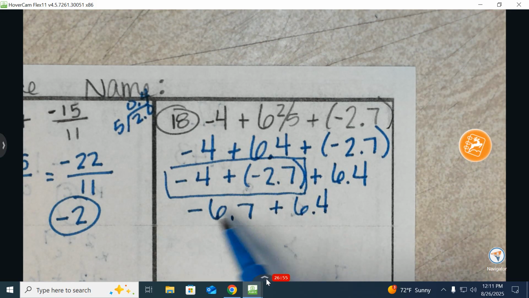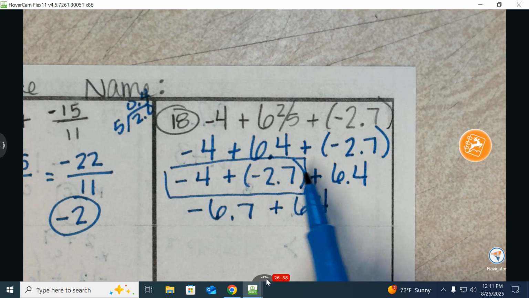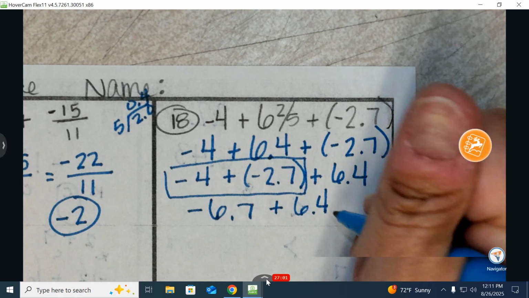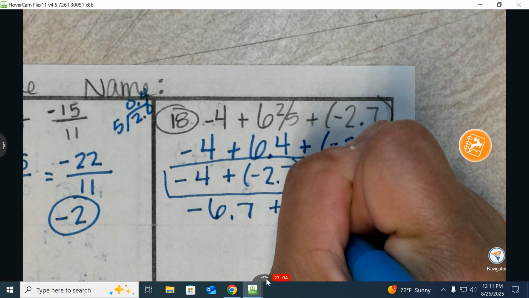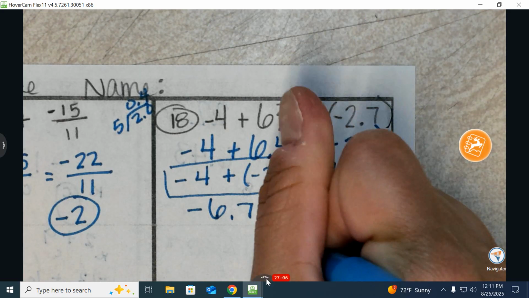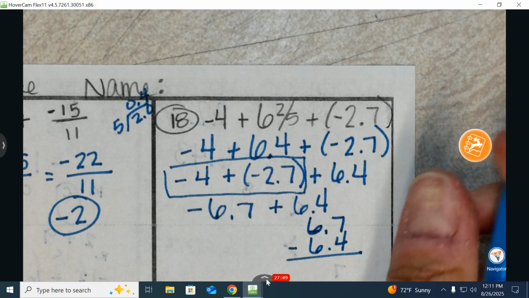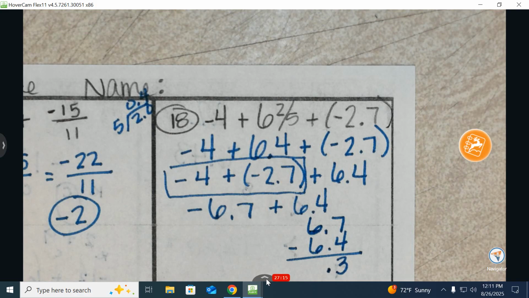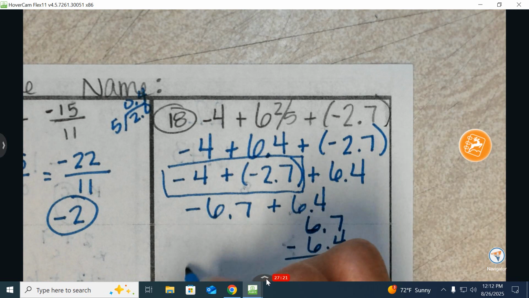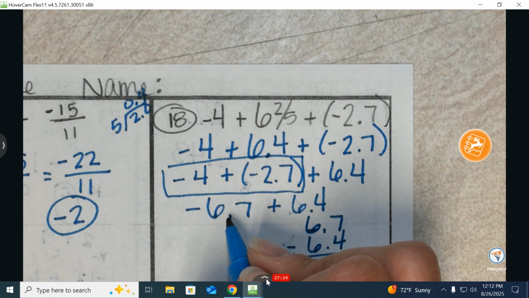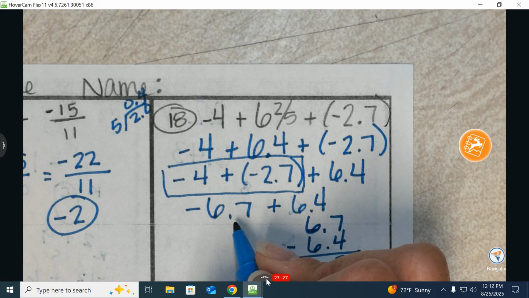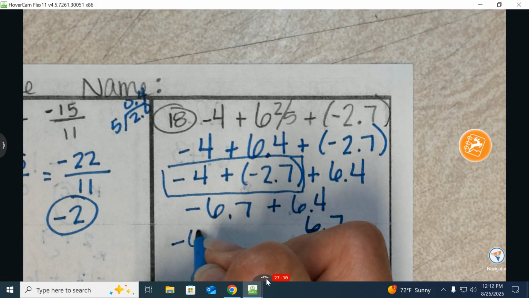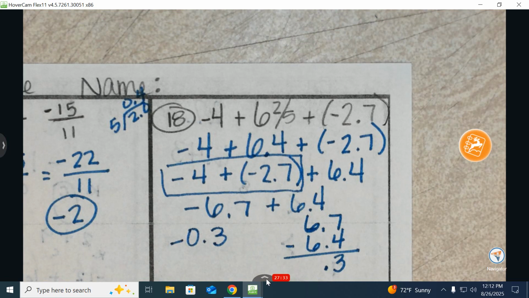These do not have the same sign, so I would subtract them. So I'll just say 6.7 minus 6.4, and that is 0.3. This one has a larger absolute value, so it's -0.3. Now, if you guys changed them all to fractions instead, you would have gotten -3/10.